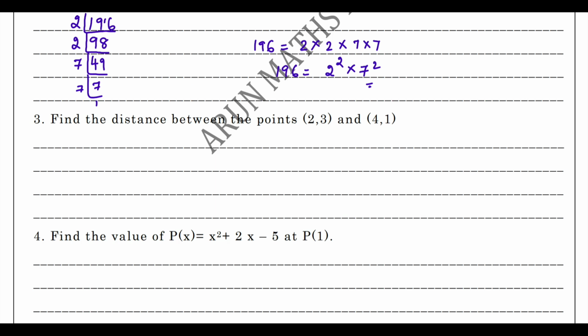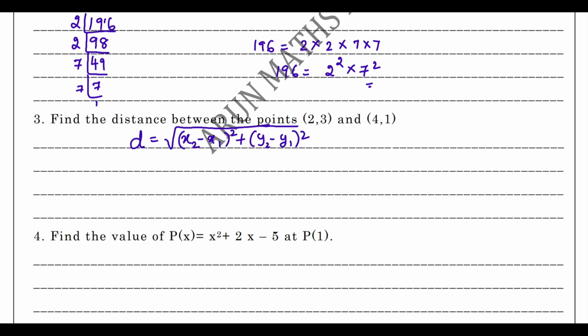Find the distance between the points 2, 3 and 4, 1. The distance between 2 points is given by the formula d equals square root of x2 minus x1 whole square plus y2 minus y1 whole square. Do repeat with me.